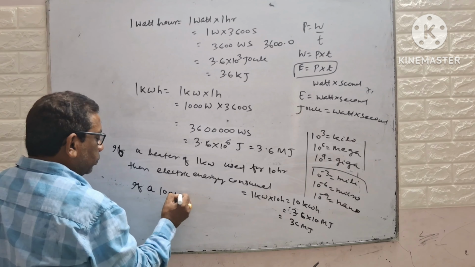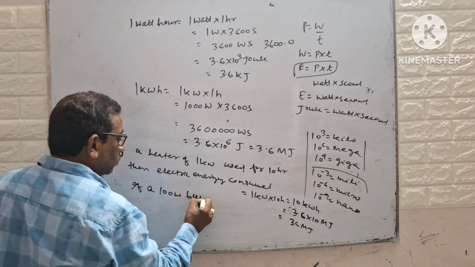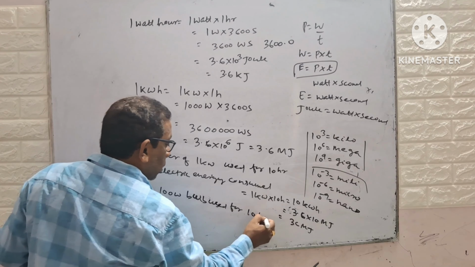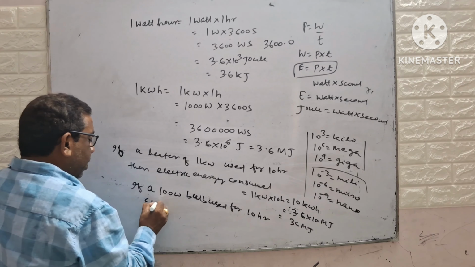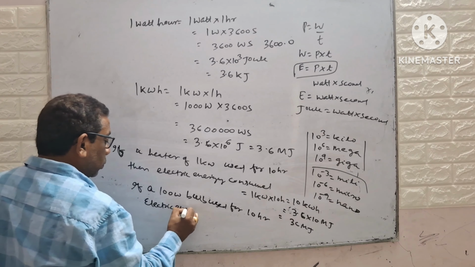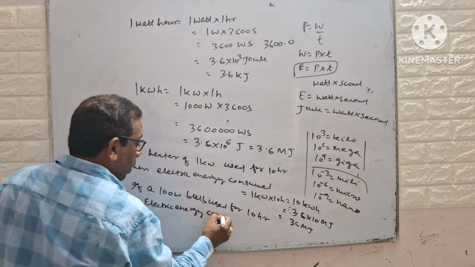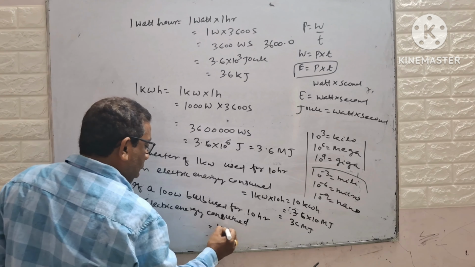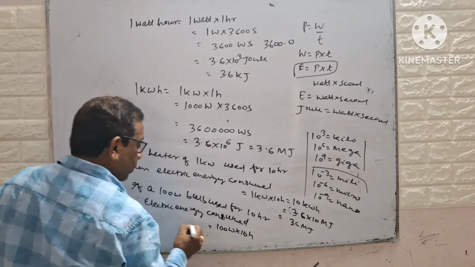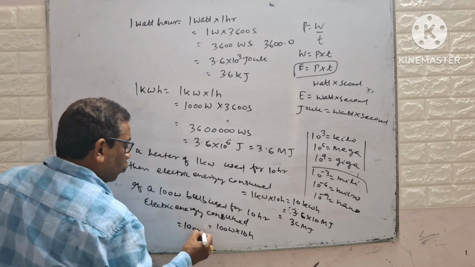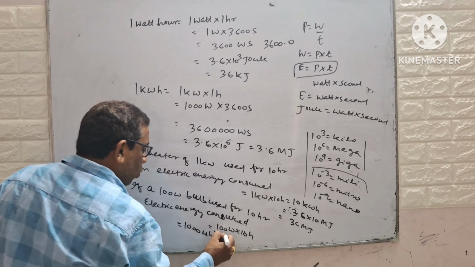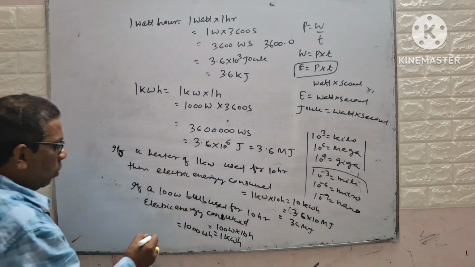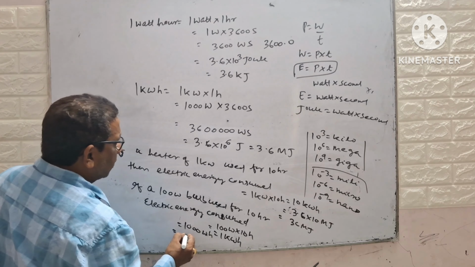Similarly, if a 100 watt bulb is used for 10 hours, how much electric energy will be consumed? 100 watt into 10 hour, that is equal to 1000 watt hour. 1000 watt hour means 1 kilowatt hour. 1 kilowatt hour means 3.6 megajoule.